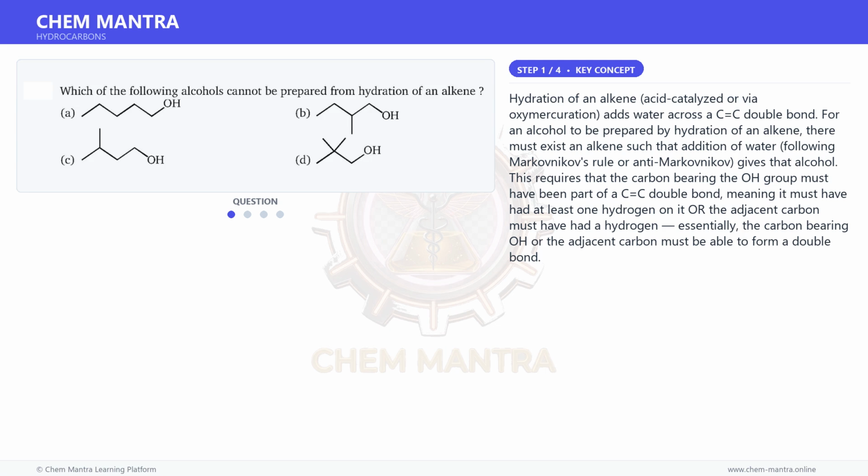This requires that the carbon bearing the OH group must have been part of a C=C double bond, meaning it must have had at least one hydrogen on it or the adjacent carbon must have had a hydrogen. Essentially, the carbon bearing the OH or the adjacent carbon must be able to form a double bond.